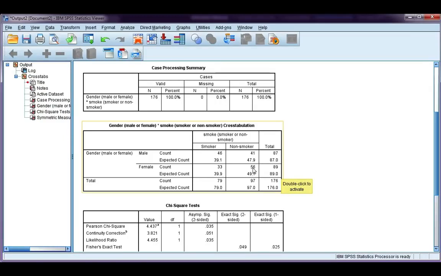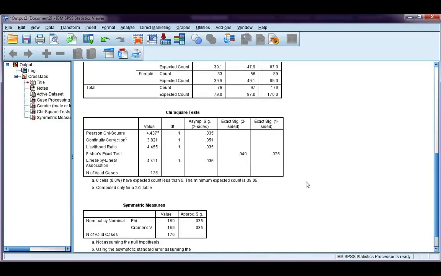Now we can see our observed counts are different from these expected, and the chi-square test helps determine if those observed counts are different enough for the test to be significant or for the association to be significant. So let's look down here at our chi-squared test table. Now at the bottom, we need to read the first item, which tells us what percentage of the cells have expected count less than 5.